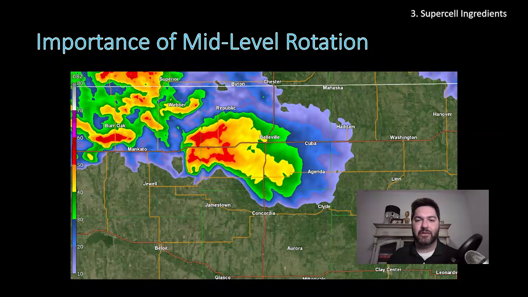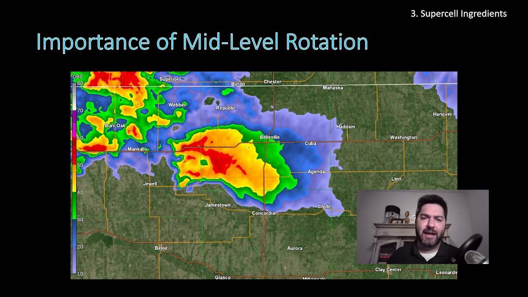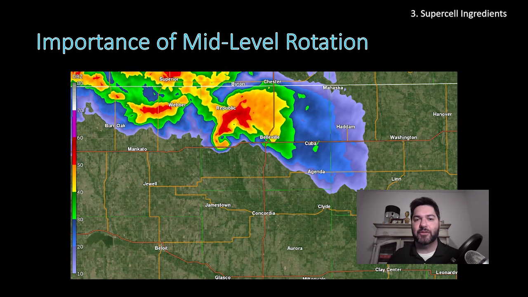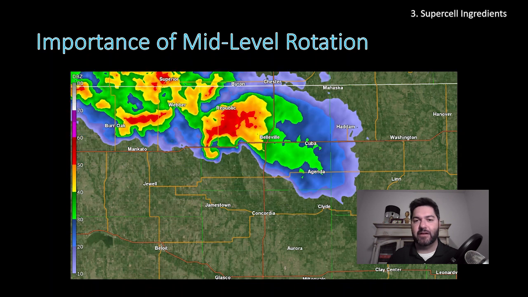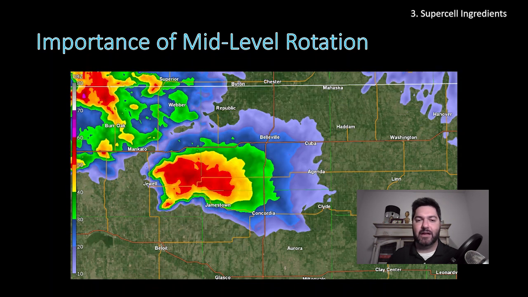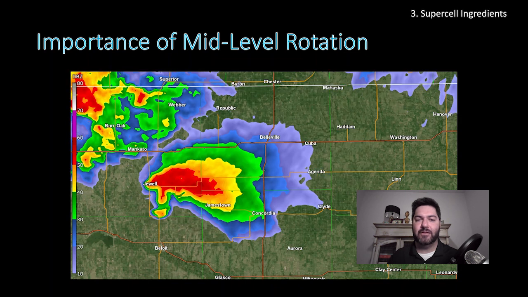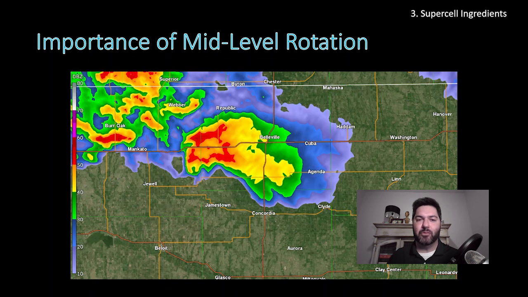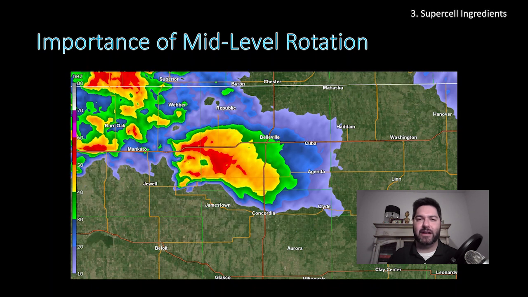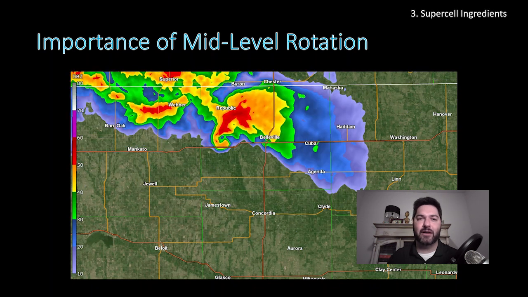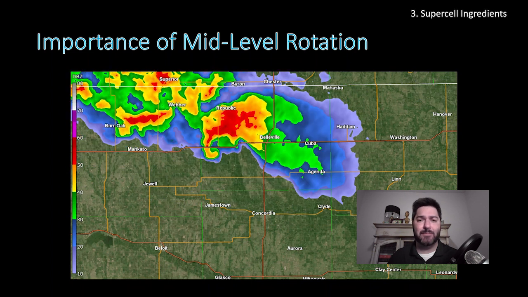In this case, you can see an example from May 29th, 2008. This is a long track supercell on a high risk day in northern Kansas and Nebraska. And this was actually producing a long track tornado near Jewell, Kansas. And what's important about this is that the rotation in this case was offsetting the cooling of the surface that was taking place. This is actually from about, I think, 10 p.m. that night.